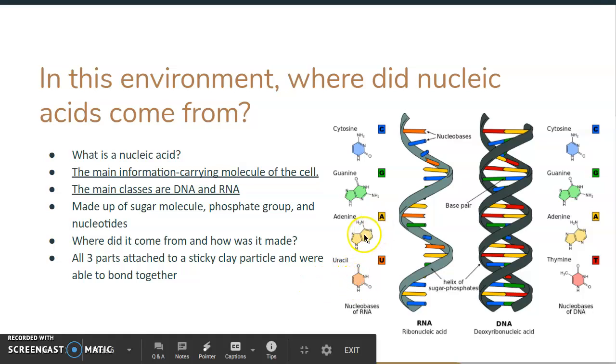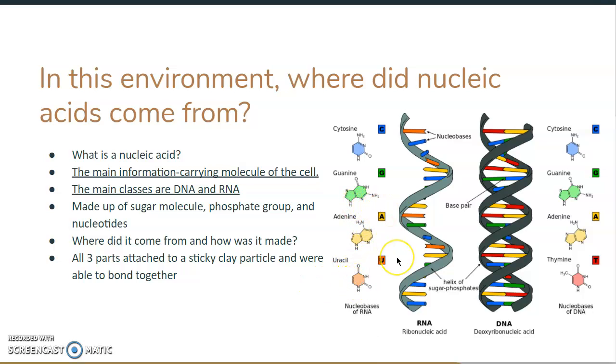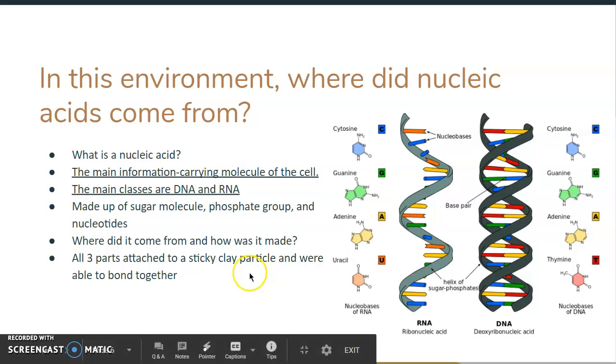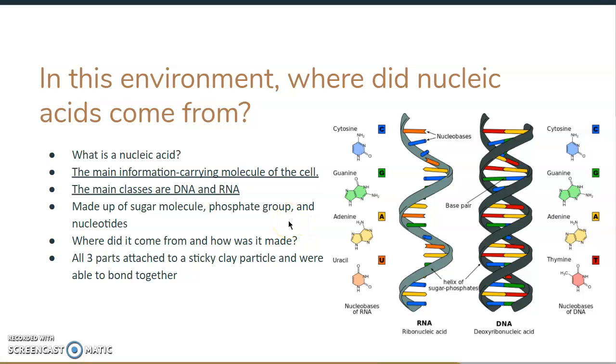These are sugar molecules. Maybe one of these sugars came and got stuck to this clay. And then maybe a phosphate group got stuck right next to it. And then a nucleotide got stuck. And they were able to be close enough to actually form into a nucleic acid.